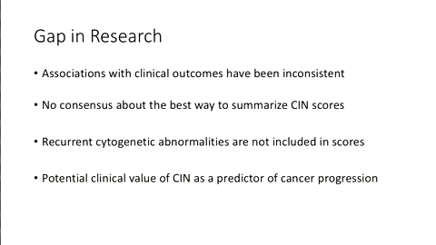So basically, there's a gap in the research where associations with clinical outcomes have been inconsistent, and there's no consensus about the best way to summarize these scores. And recurrent cytogenetic abnormalities like we see in AML are not included in the scores for solid tumors. So there's a potential clinical value of CIN as a predictor of cancer progression.